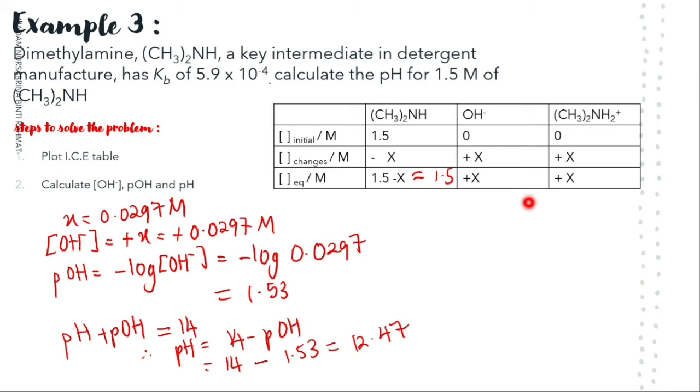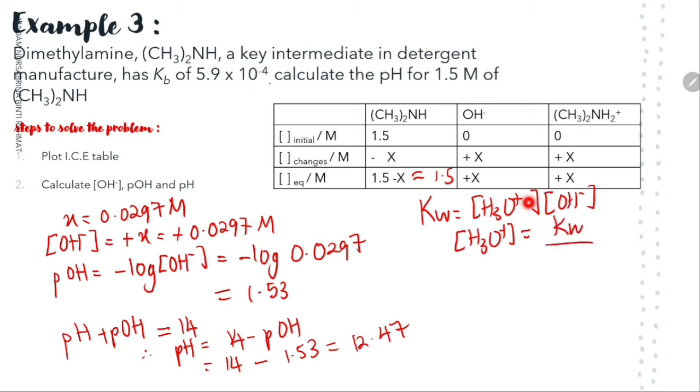Alternatively, from the given calculation of OH negative concentration, you can use Kw, which is H3O plus times OH minus. From here you can calculate the concentration of H3O plus, which is Kw over OH negative, and then simply use it to calculate pH, which is negative log H3O plus.